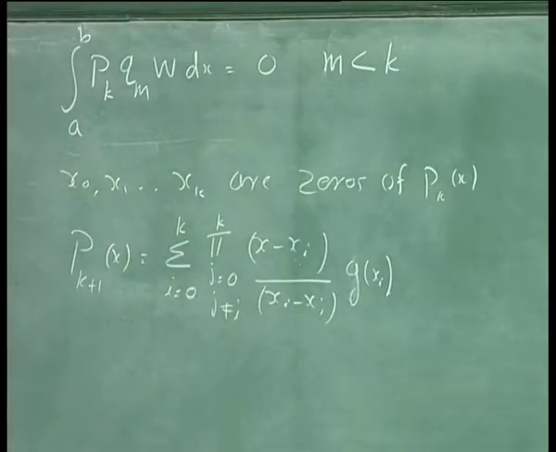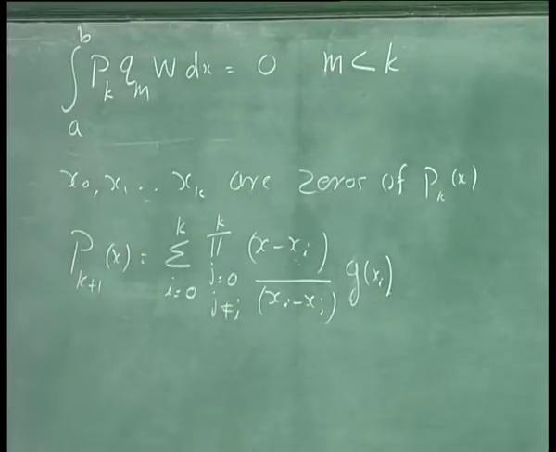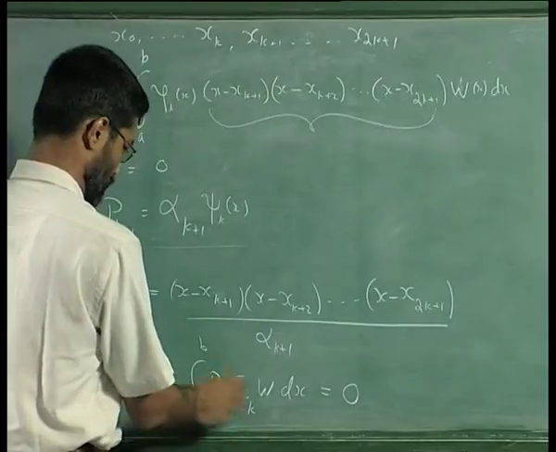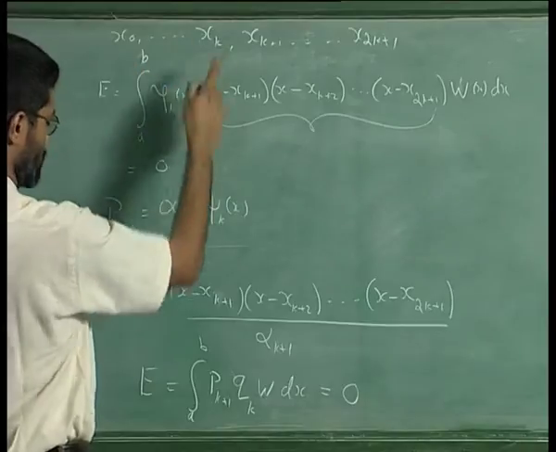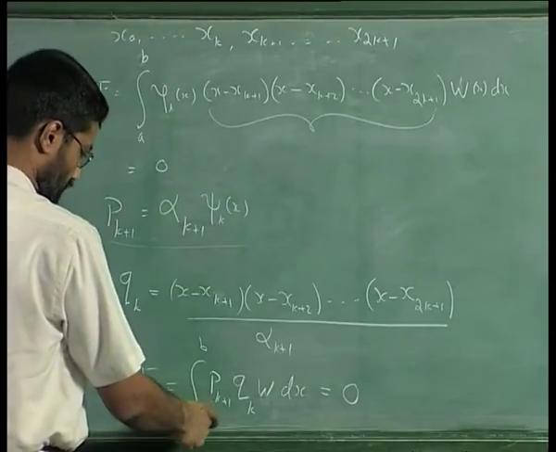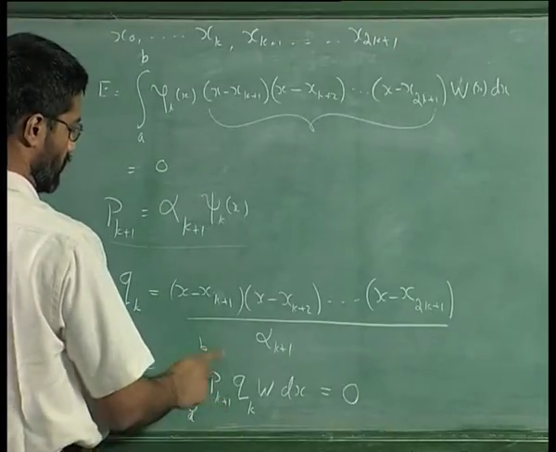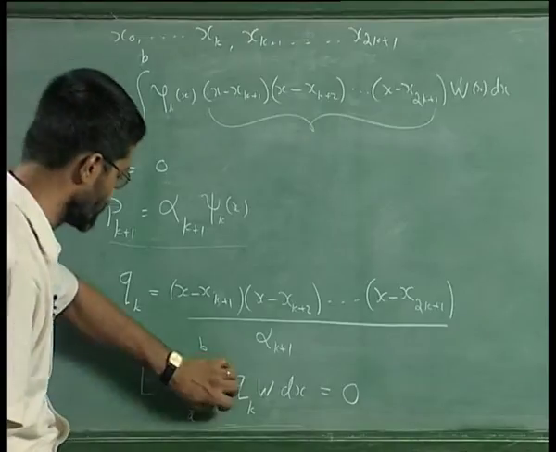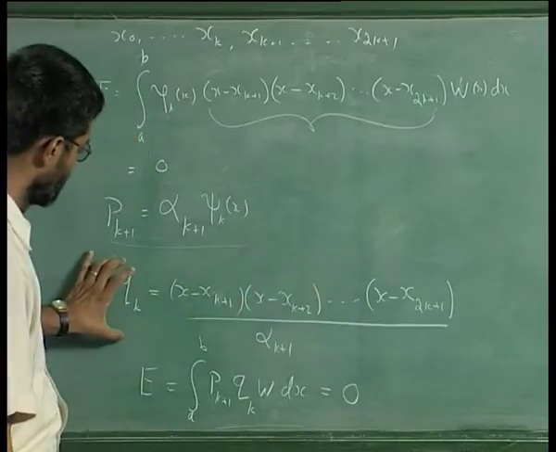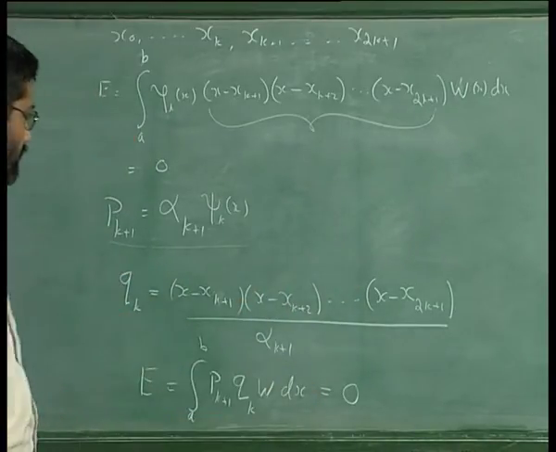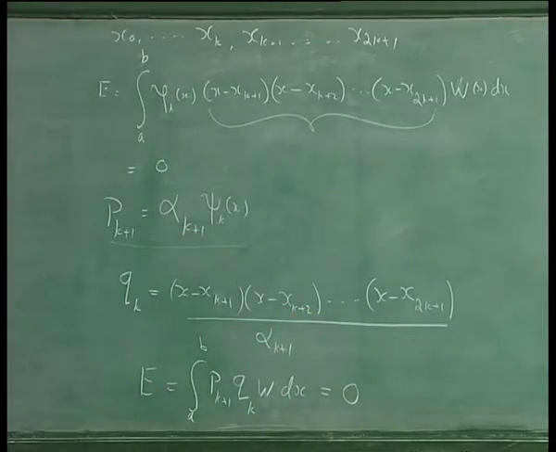When these points x0 to xk are chosen as the zeros of the polynomial pk plus 1, because we are choosing k plus 1 points, that is 0 to k, then this qk will always satisfy this for any arbitrary values of xk plus 1, xk plus 2, up to 2k plus 1. So, it does not matter.